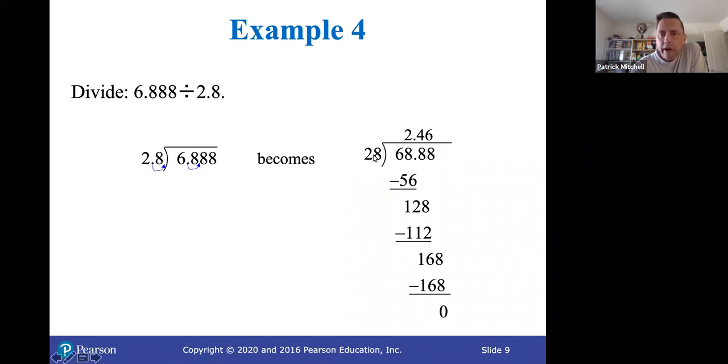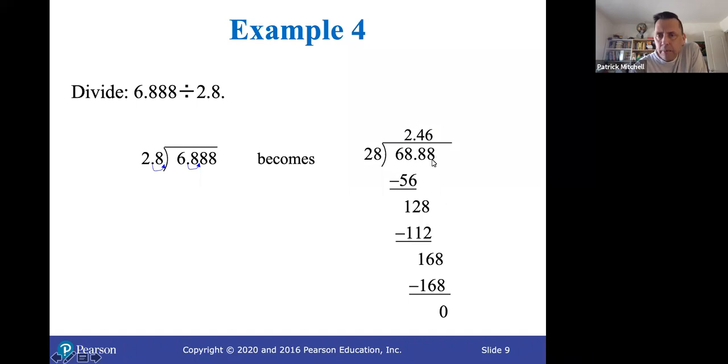So that works just like before. 28 goes into 68 2 times. 2 times 28 is 56. 68 minus 56 is 12. Bring down the first, this 8 right here. And now 28 into 128 goes 4 times. 4 times 28 is 112. 128 minus 112 is 16.